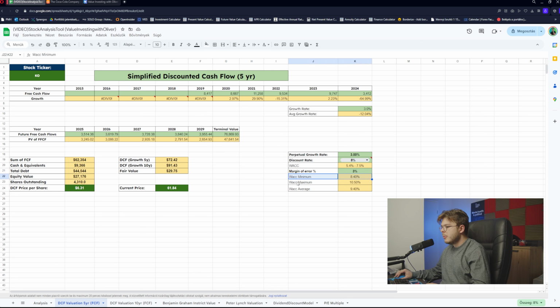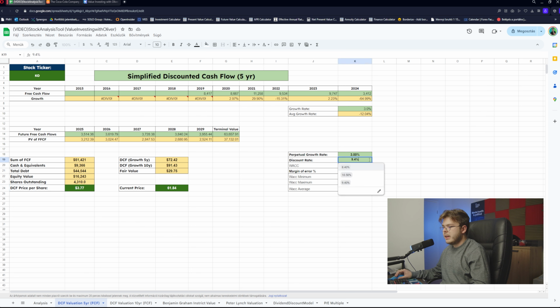You can see that the minimum and the maximum is about 9% on average. So we are going to take the 9.4% as the average, and we will receive a very, let's say, not as good price for the company. So what can you do in these cases?